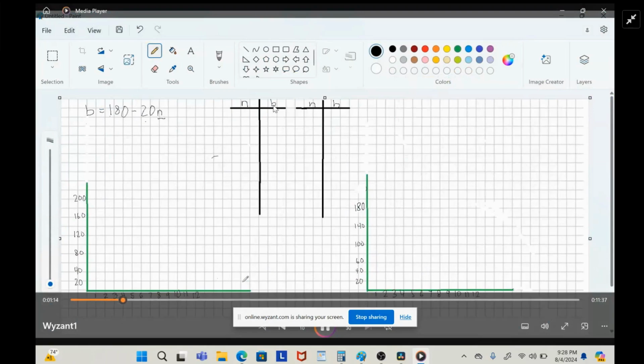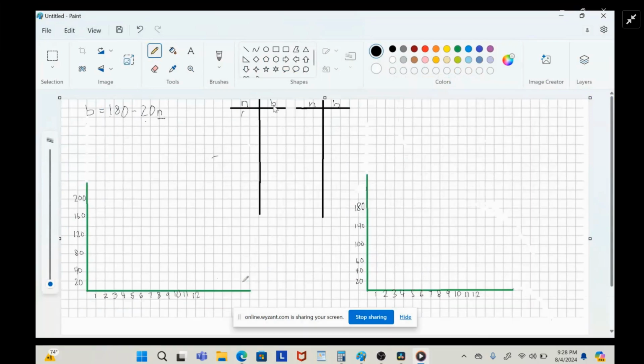We can start filling out the graph by plugging in 0, and we will solve the equation. As an example, 180 minus 20 times 0, what is that going to give us?